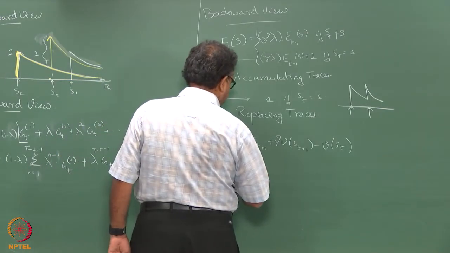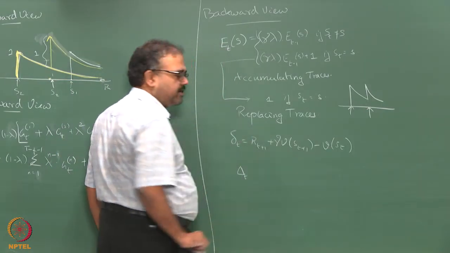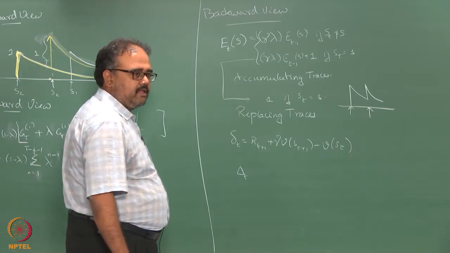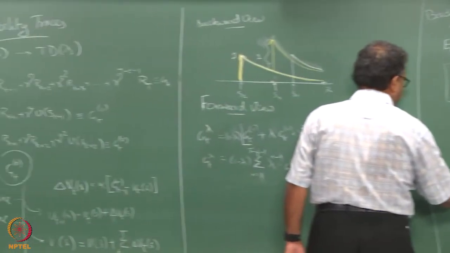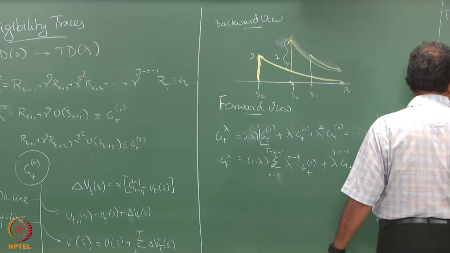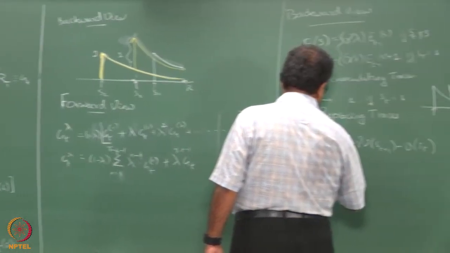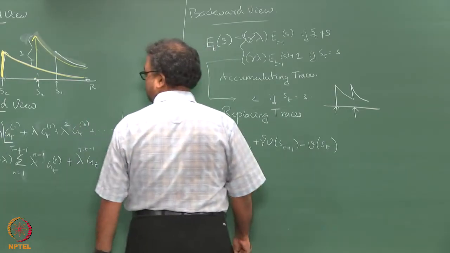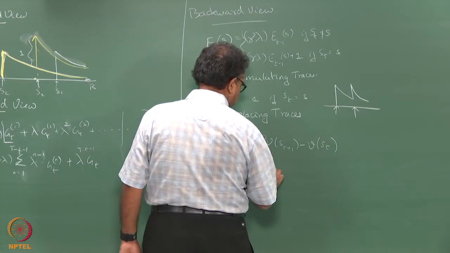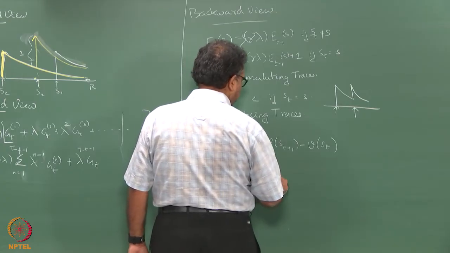I am going to define capital delta as alpha times delta t times the eligibility.